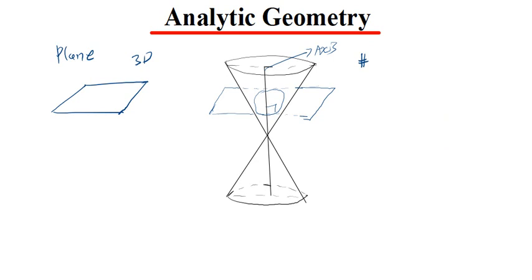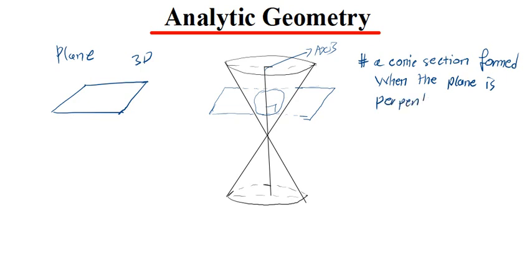The first definition is that a circle is just a conic section formed when the plane is perpendicular to the cone axis.